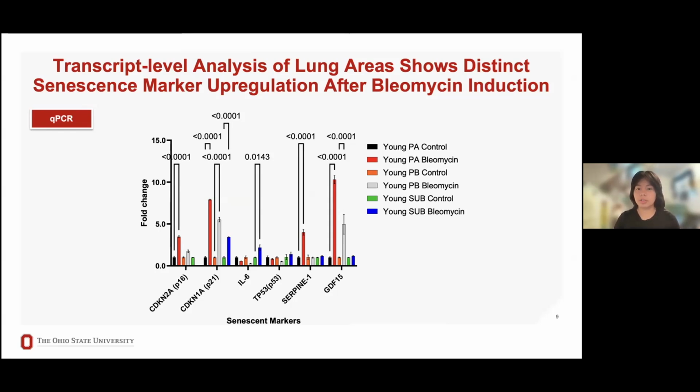Another interesting thing to look at is that only the subpleural region showed significant increase in IL-6, which was interesting because the parenchyma region and the peribronchial region did not show that increase for that marker.